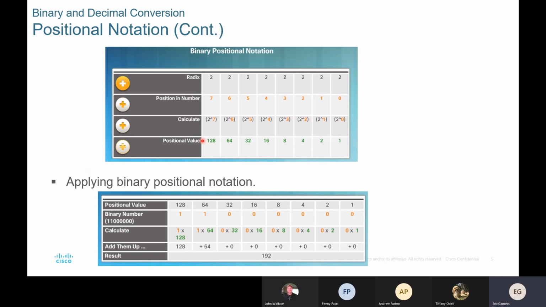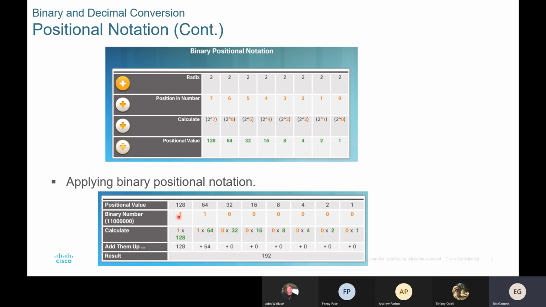You should have that in your mind because we are going to use a lot of binary numbers in this course. So let's see. In the IP address previously, the first byte was 11000000, and this is the binary notation. As you know, this one is associated with 2 to the power of 7, and 2 to the power of 7 is 128.